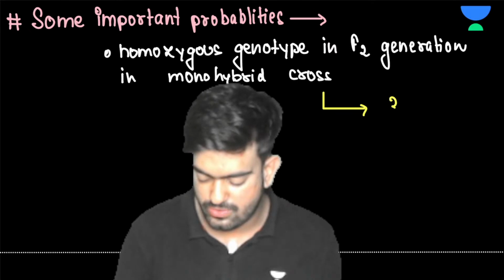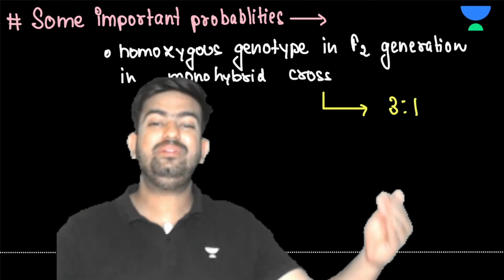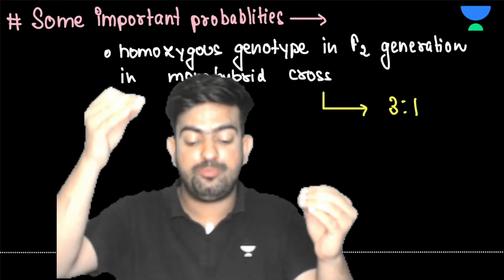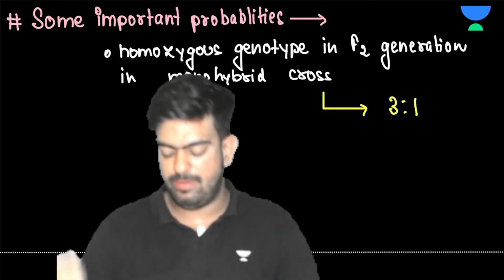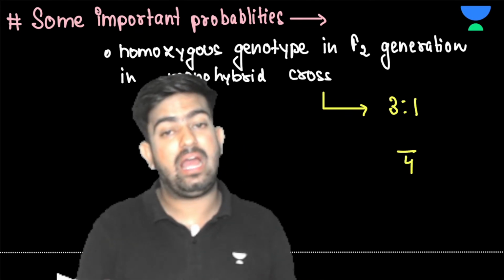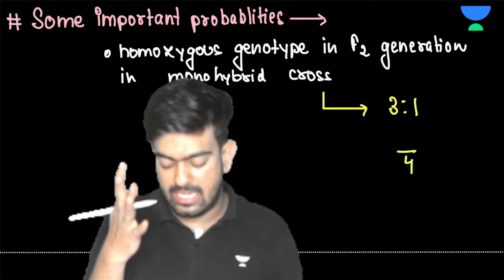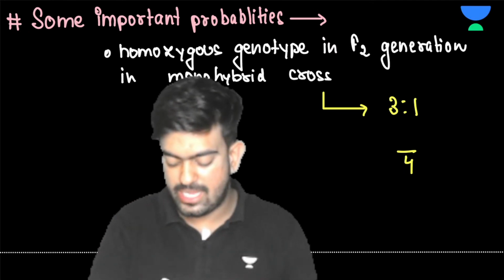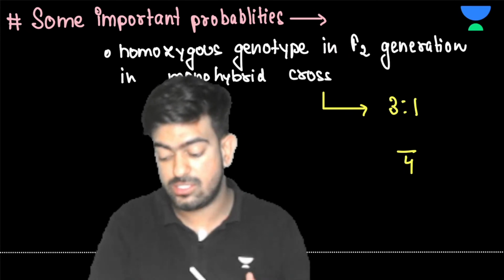It was 3:1. Total plants: 3 plus 1 will be 4. And how many plants had the homozygous genotype?